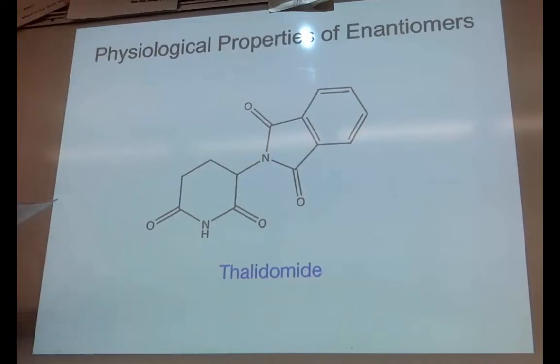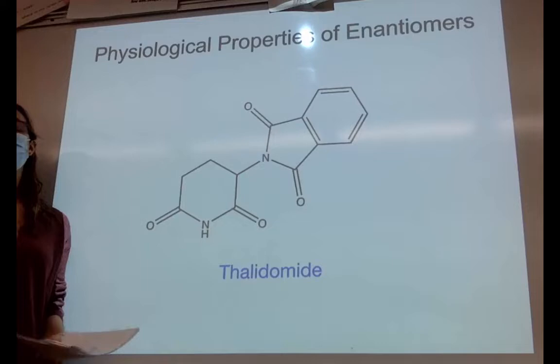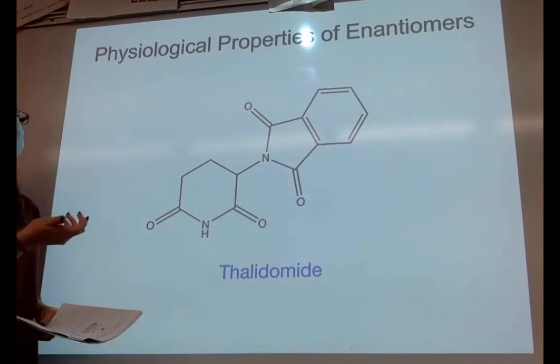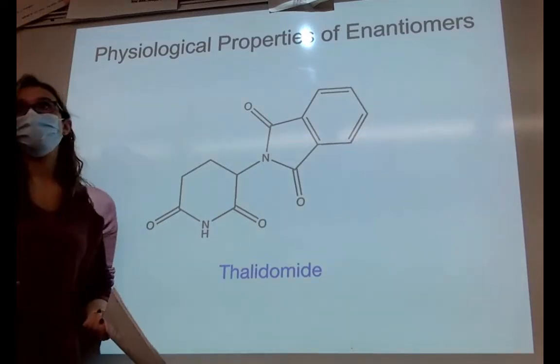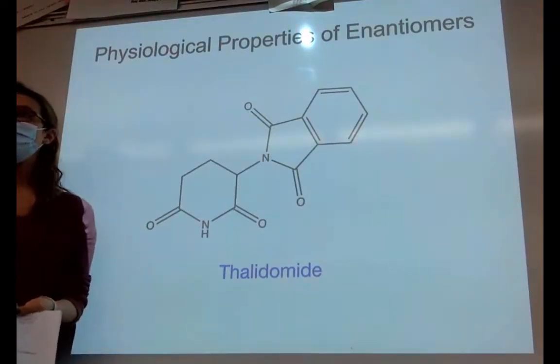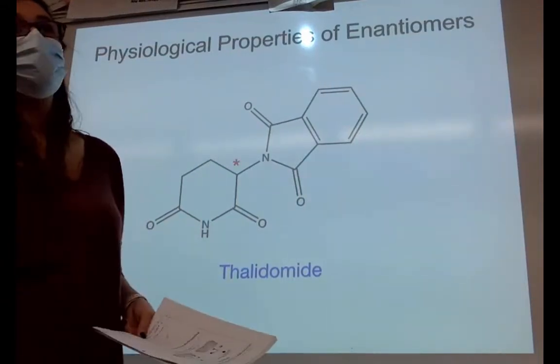And the S enantiomer is actually what was given to women, and it disrupted the development of the embryos, and a lot of kids were born with developmental disorders, or their bodies just didn't develop like they needed to. That's the difference between the R enantiomer and the S enantiomer. One just helps calm you down, and the other ended up completely disturbing women's pregnancies. So the physiological properties are a little bit different.